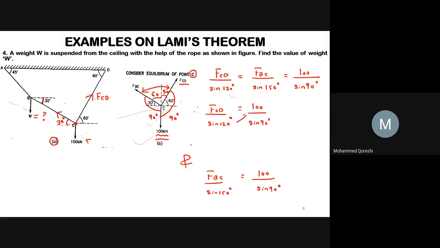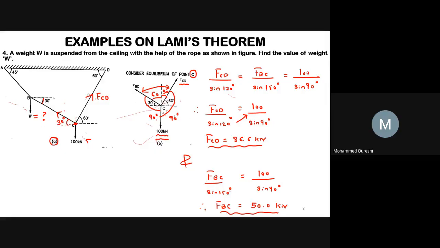After cross multiplication, you will get the value of FCD as 100 into sine 120 upon sine 90, that is 86.6 kilonewton, and FBC equals 100 into sine 150 upon sine 90, so you will get the value of FBC as 50 kilonewton.